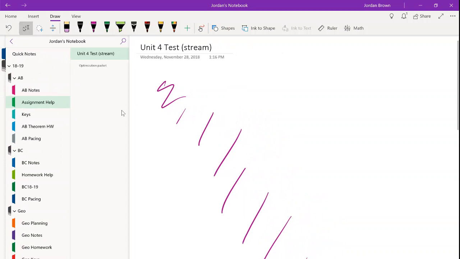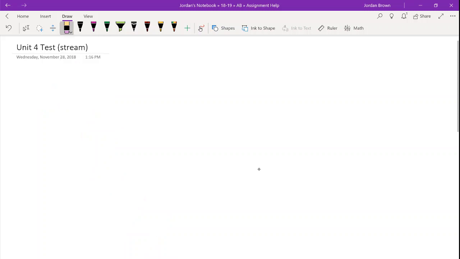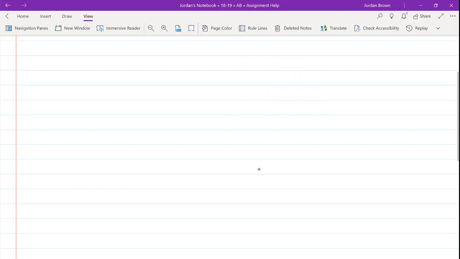Alright, let's hide this. There we go. Now we've got maximum calculus window. Alright, I'm going to add some lines to this paper.